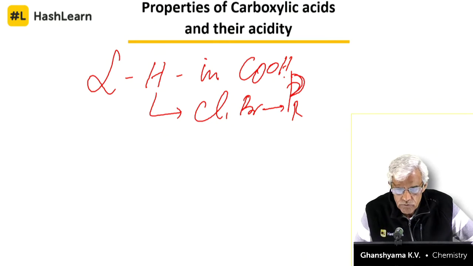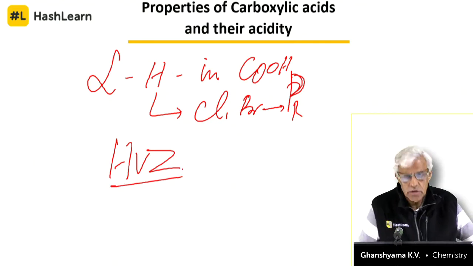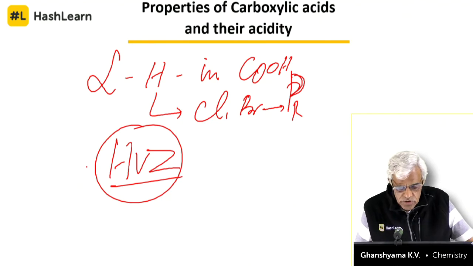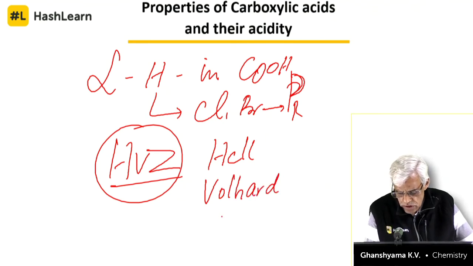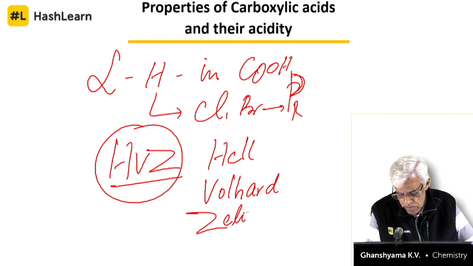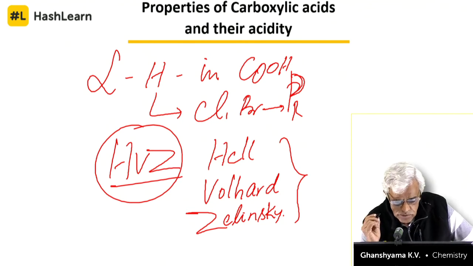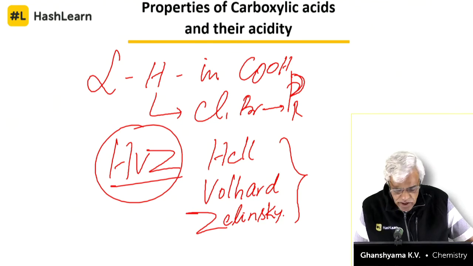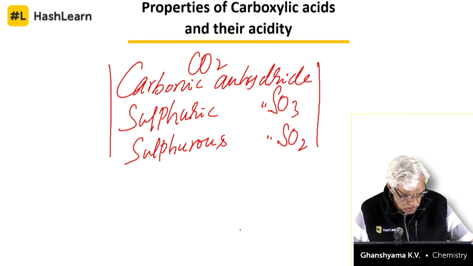This reaction is called the HVZ reaction, the Hell-Wohlhard-Zelinsky reaction. If you treat it with chlorine or bromine in presence of red phosphorus, the alpha hydrogen atom is substituted by chlorine.